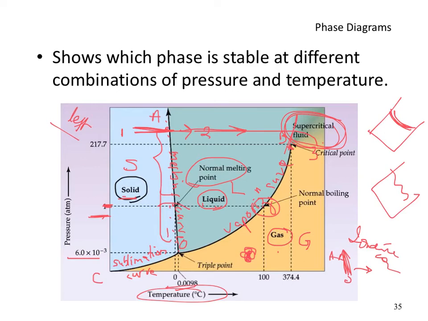So as we increase the pressure, a point of time will come where the solid would get converted into a liquid. On the other hand, if your curve kind of looks like that, and that is your triple point, such that this is solid, this is liquid, and this is gas.